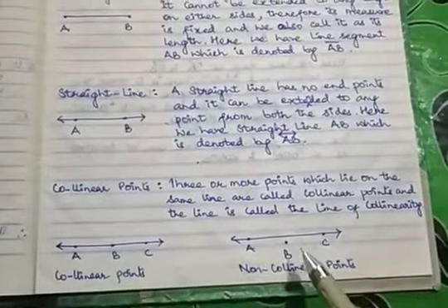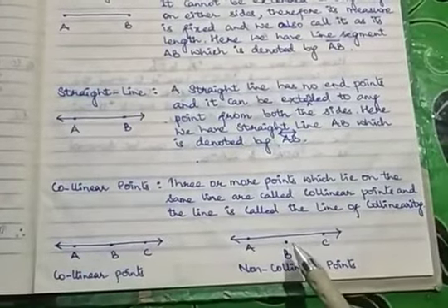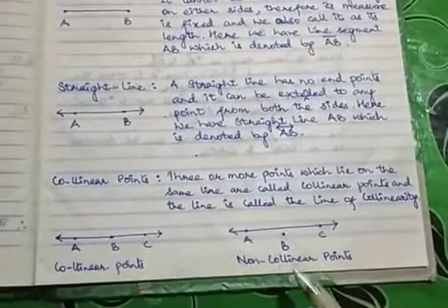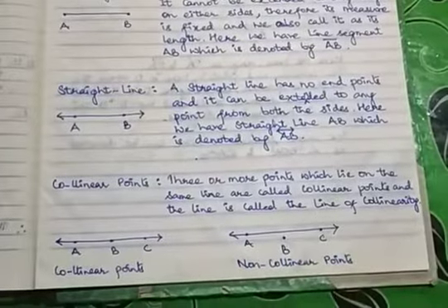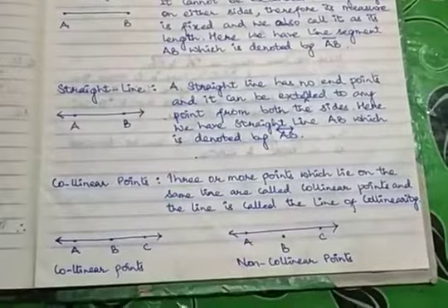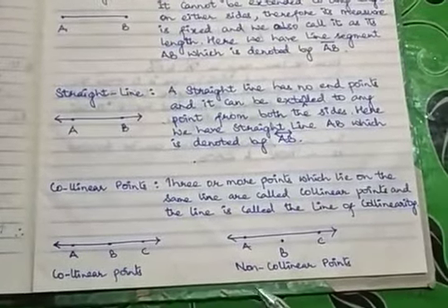But what I can do is mark a point outside the line as well, because on a plane surface also we can make a point. As I've already told in the point part, a simple dot will be known as your point, and it's the fundamental of geometry.